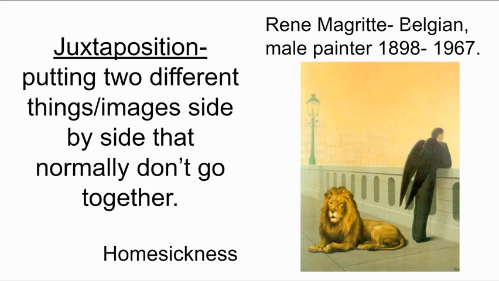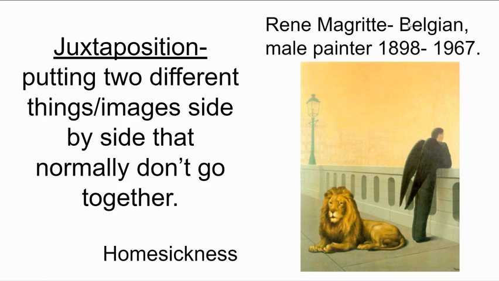So hopefully you see the lion and the guy with wings. First of all, the guy has wings, so those 2 things don't go together. The lion's not in a zoo or on a savanna or anything like that. So the lion doesn't belong in its place either. And the guy's not freaking out that the lion is sitting there. So all of these things are things that don't belong in this setting. Okay.